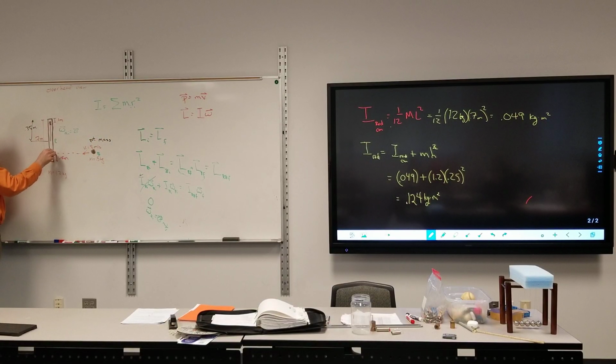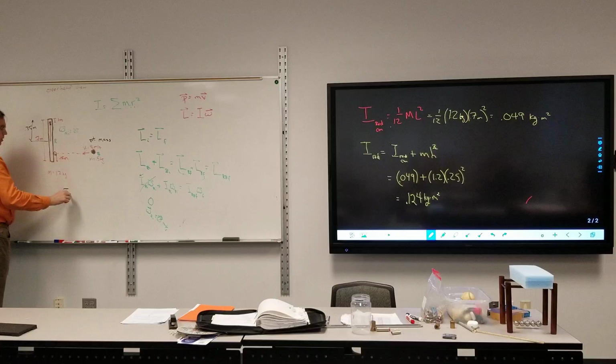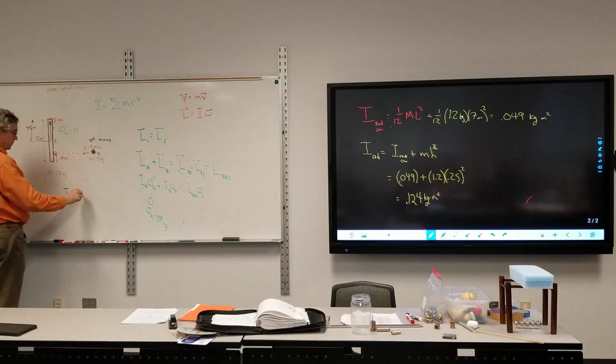Well, if moment of inertia is the sum of all the mr squared, let's first off just assume point mass. What I care about is the ball when it's here, not when it's way over there. So if I just add up all the mr squared, I just have the mass of it times that distance squared. So the moment of inertia of the ball is the mass of the ball times r squared.